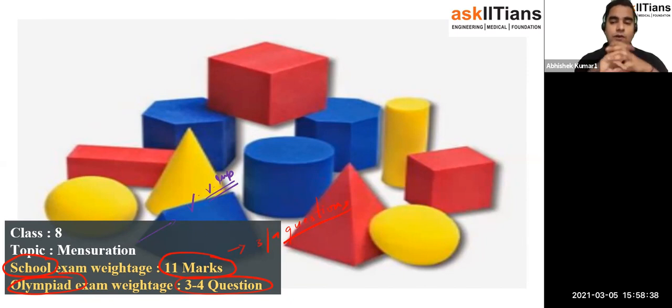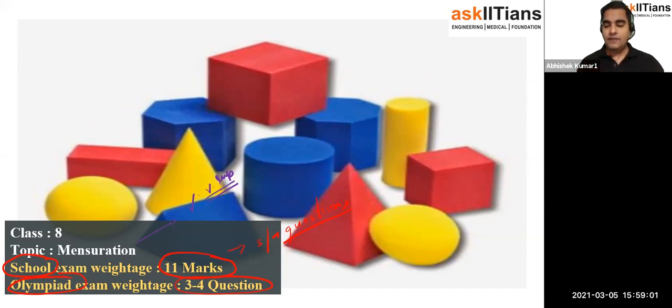All the things that we are going to cover in today's session, or that we covered earlier, or that we will be covering in upcoming sessions, will be used again in 9th and 10th standard. And the weightage of this chapter is very high for school and Olympiad examination both, which makes it super important.